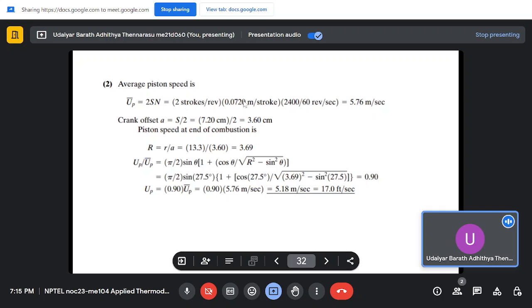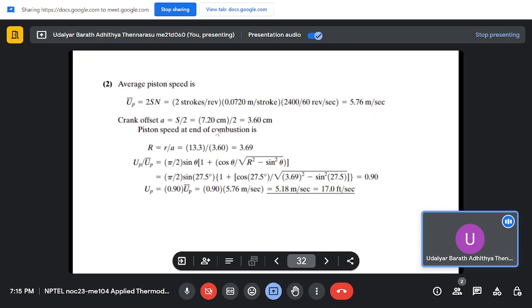The stroke length is 0.072 meters, and N is 2400 divided by 60, which gives 5.76 meters per second. Now the crank offset is s by 2, so 7.2 divided by 2 equals 3.6 centimeters.